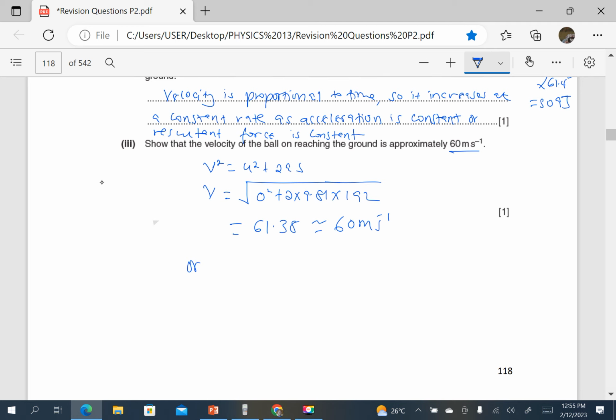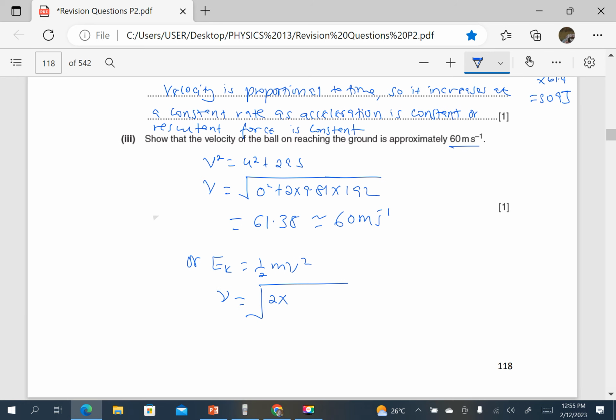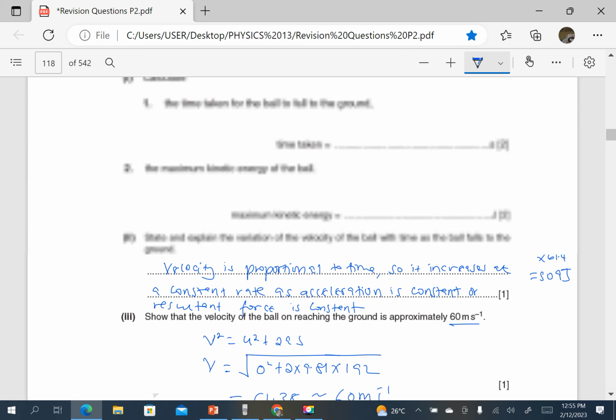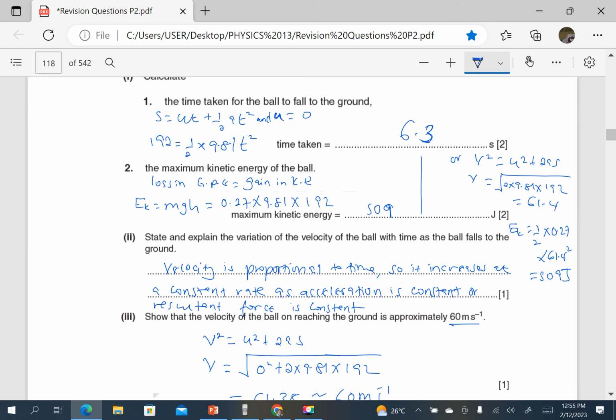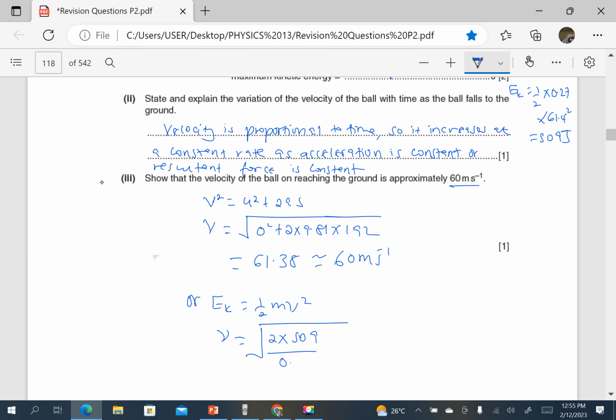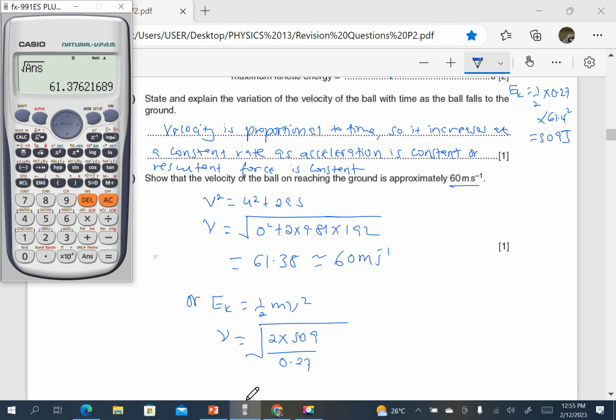So v is equal to the square root of 2 times the kinetic energy, which is 509, divided by the mass, which was 0.27. So we have the square root of 2 times 509 divided by 0.27.